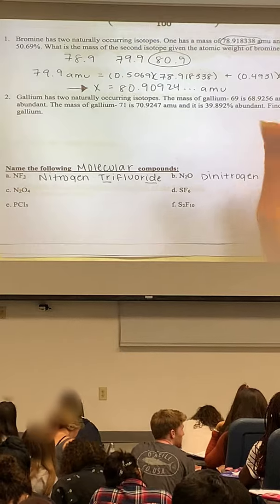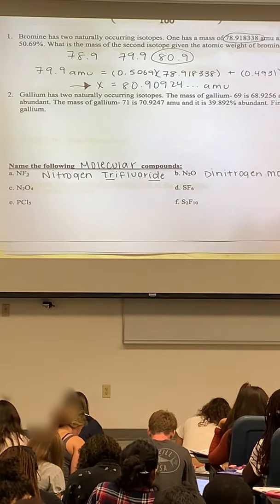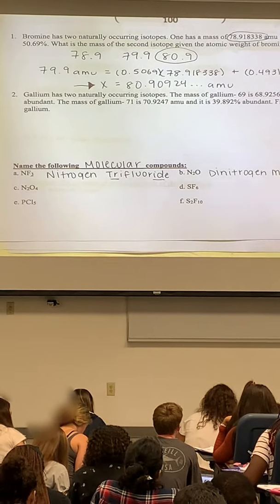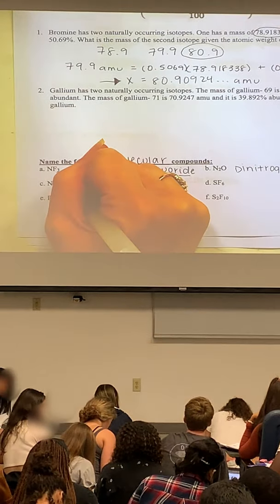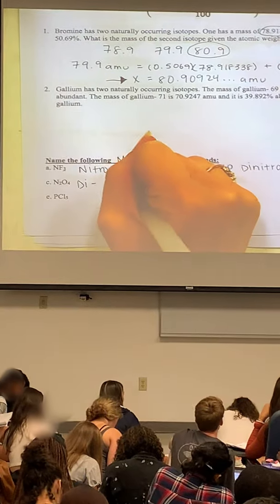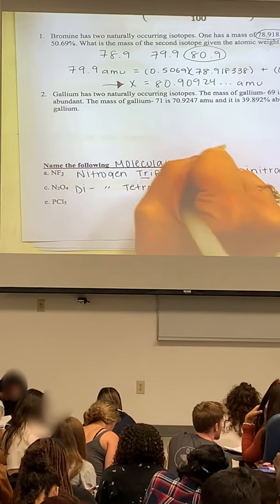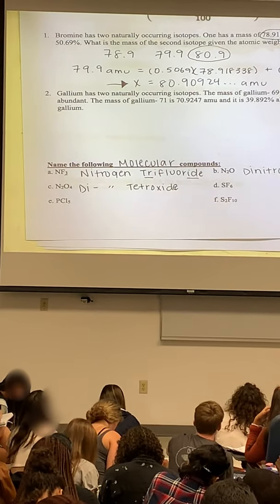That was correct. Dinitrogen monoxide, not dinitrogen oxide. What about N2O4? Just carry the word down there, and then it's going to be tetroxide. Oxide. I'm not very good at spelling.